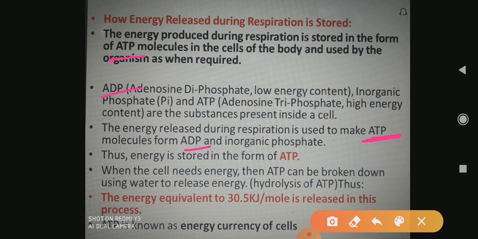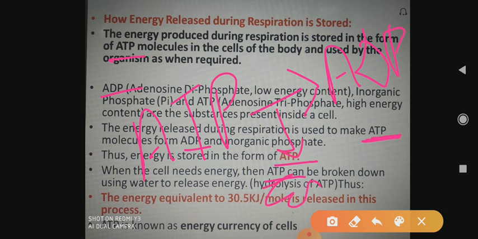Thus, the energy is stored in the form of ATP, and when the cell needs the energy, then ATP breaks down into ADP and the energy is released.